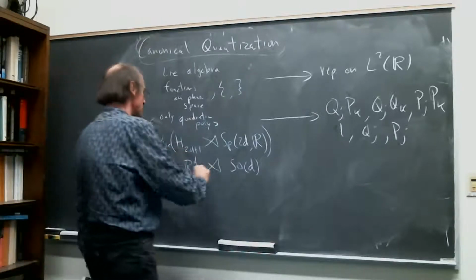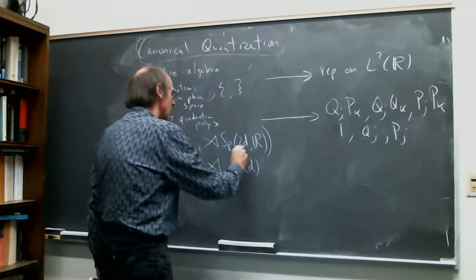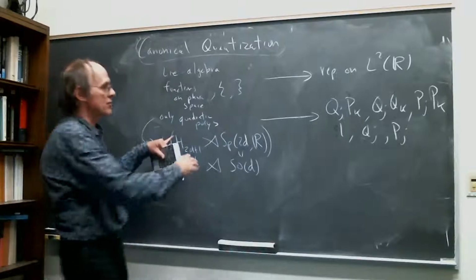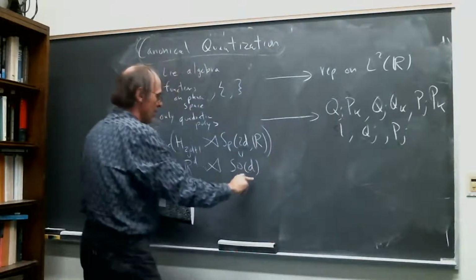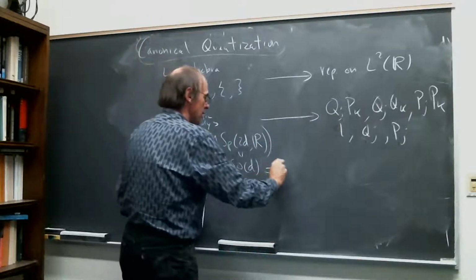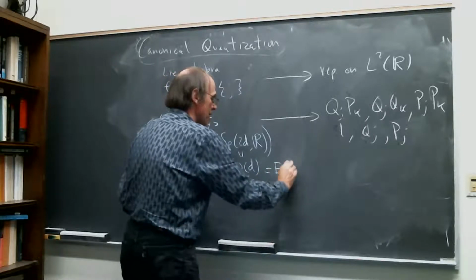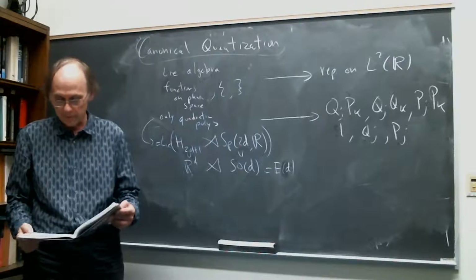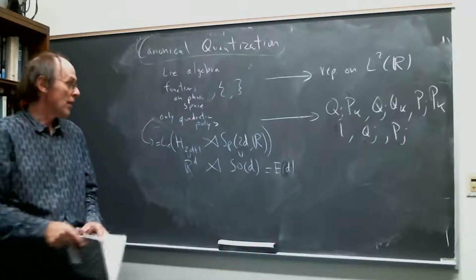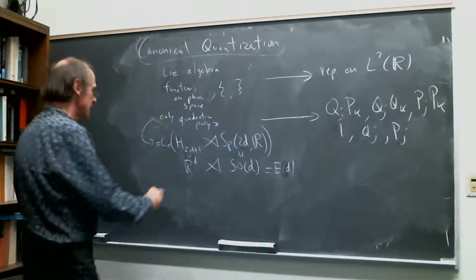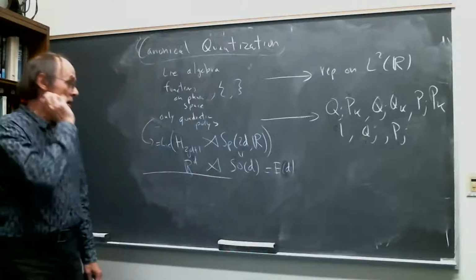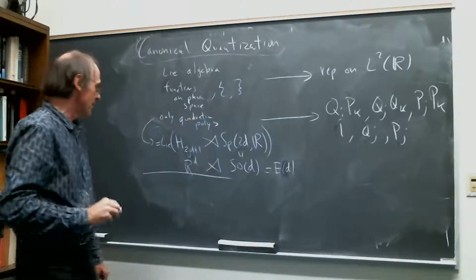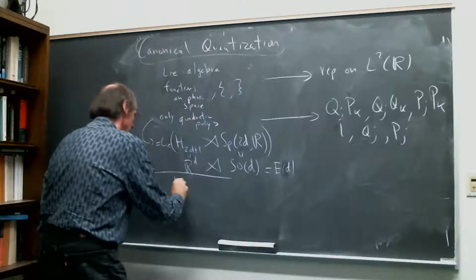Restricting this representation down to the Euclidean group gives you the standard free particle representation, the one we were talking about before. Okay, so the next part of the story was what happens if we add a potential.